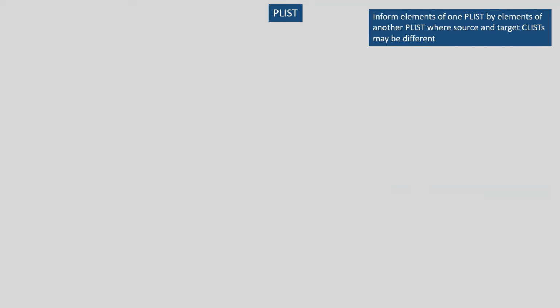However, the thing about plists is that they can be used in much more complicated ways than we've just seen, and I'll illustrate what I mean through a picture. Suppose we've got a CList, a source CList I'm going to call it, and this can be comprised, for example, of pilot points. This may represent pilot points.